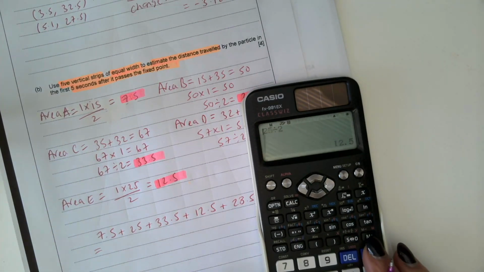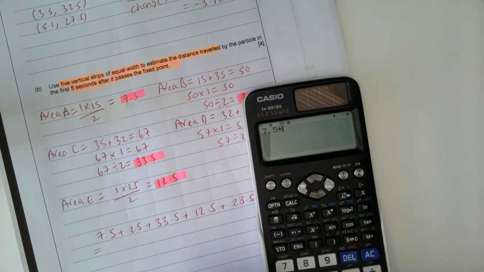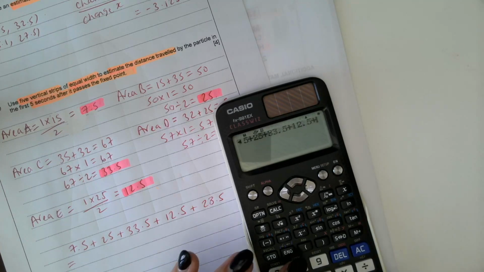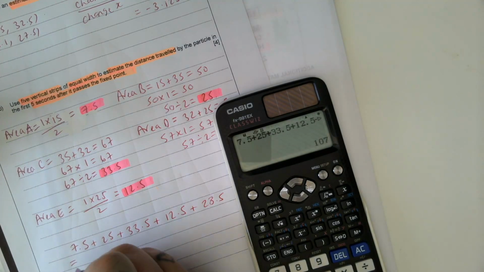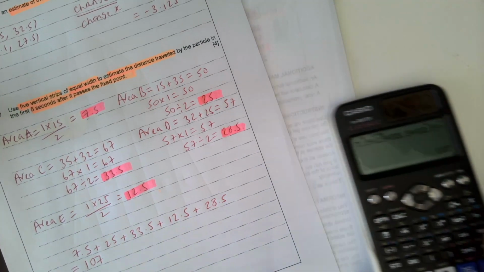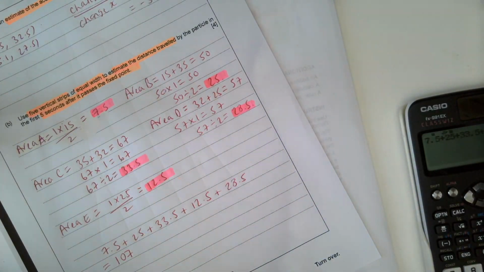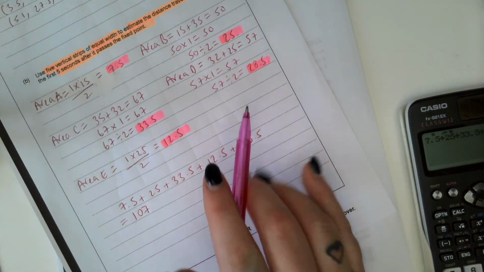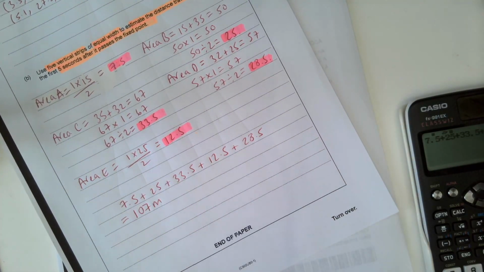Let's be careful when we add these in. That is a total of 107. So our estimate for the distance travelled is 107 metres, guys. So 107 metres to finish that question off.